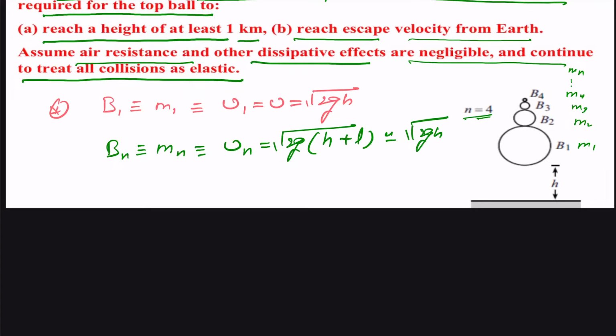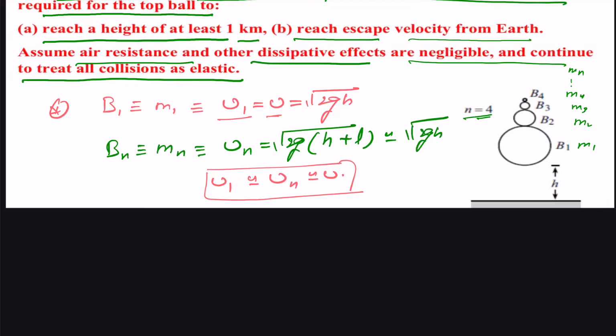So therefore we can say that v1 is approximately equal to vn, and that we have said is equal to v. Okay, the same conclusion as the second question. There is no doubt up till here. One thing is very sure: because the collision is elastic, just before collision the velocity of b1 is v.